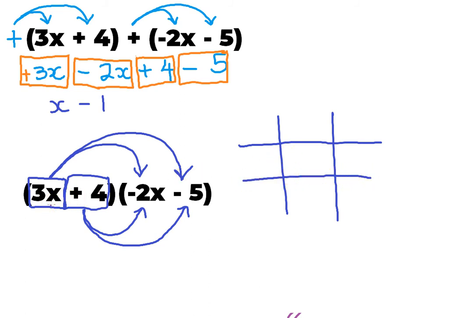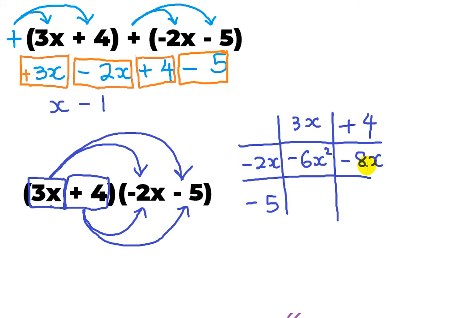You can write 3x plus 4, and negative 2x and negative 5 here. So what is 3x times negative 2x? It is negative 6x squared.